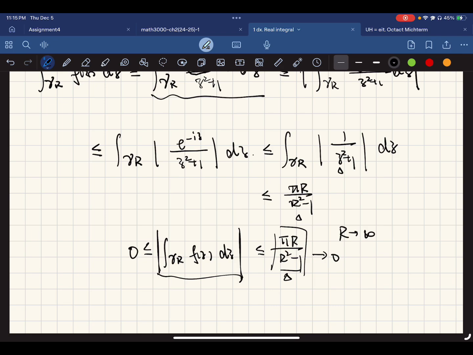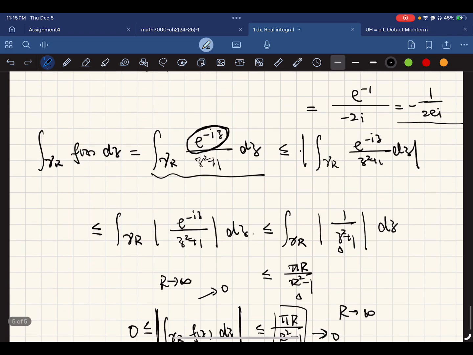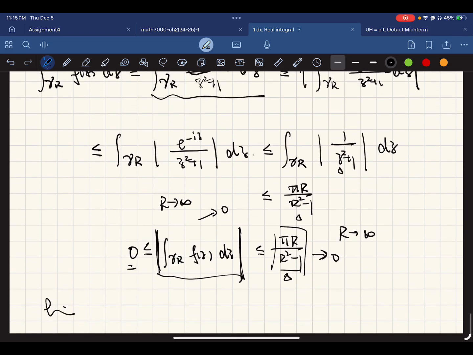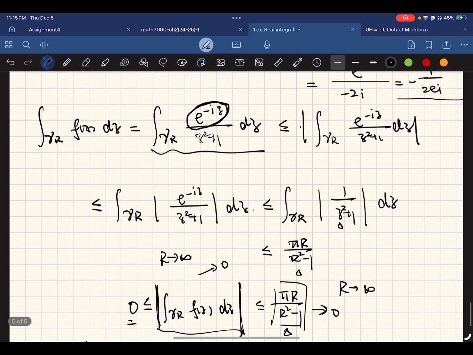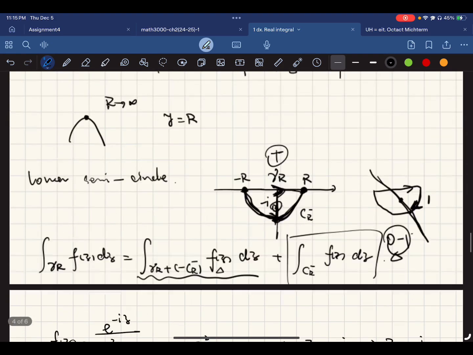So both bounds tend to 0, and by the squeeze theorem, this one tends to 0 when r tends to infinity. Hence we know that the limit of the integral over gamma r of f(z) dz as r tends to infinity equals 0.